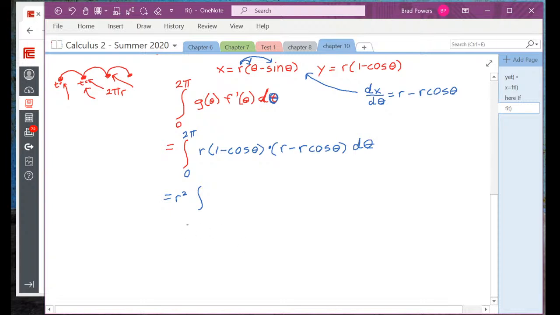Eventually what you should get is r squared times 3 over 2 times 2 pi, or 3 pi r squared.